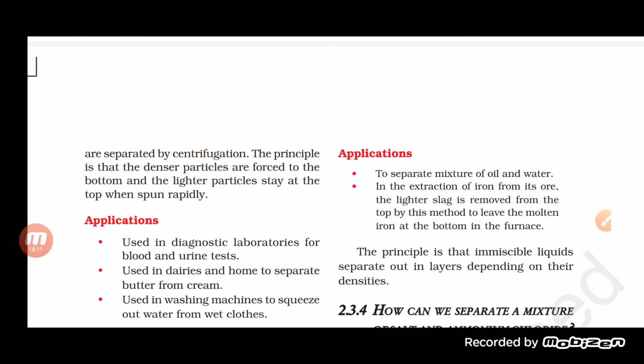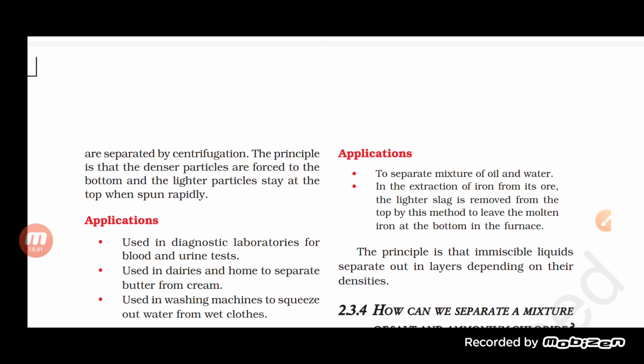Basically the lighter particles, due to churning, combine with each other, become one heavier particle, and settle down. So centrifugation is a method by which we can separate the heavy particles from the lighter ones. In this case we make the particles heavier so that we can use them.